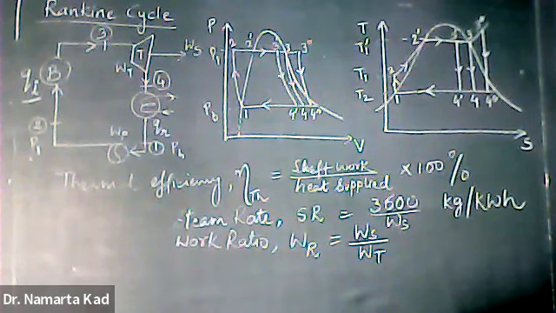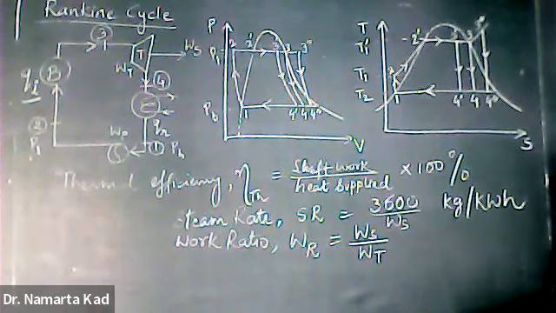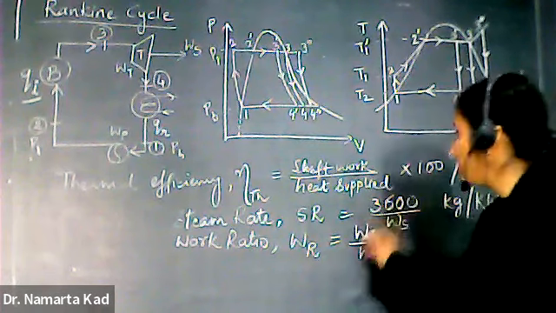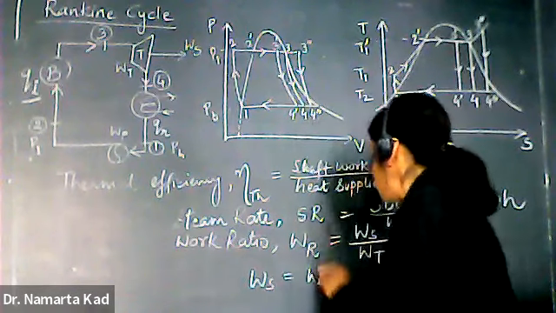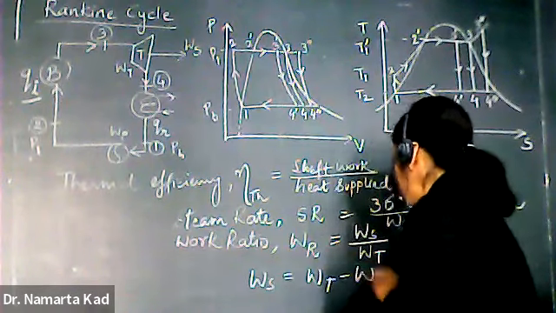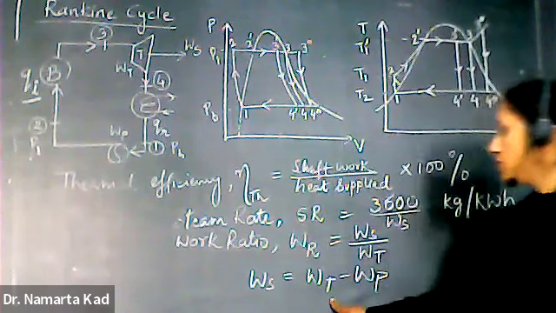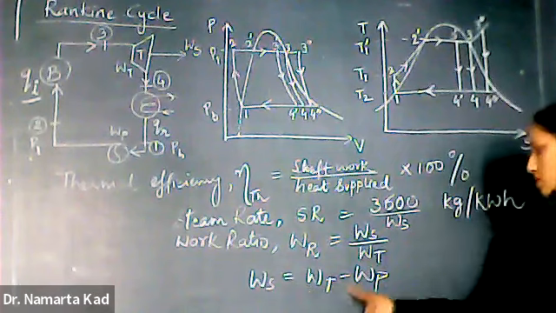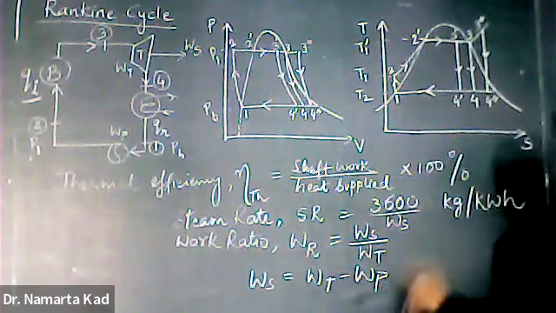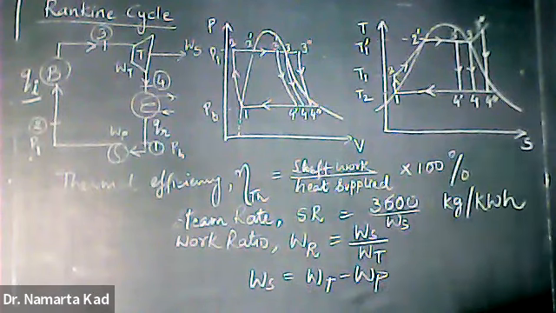Okay, so these are some of the formulas, and we already know how to calculate the shaft work. WS is equal to WT minus WP. The shaft work is the turbine work minus the work done by the pump.